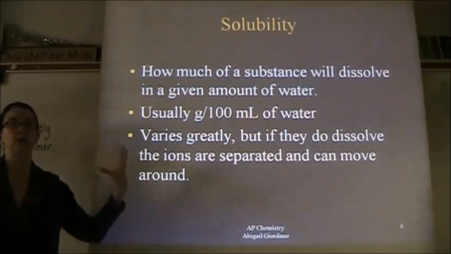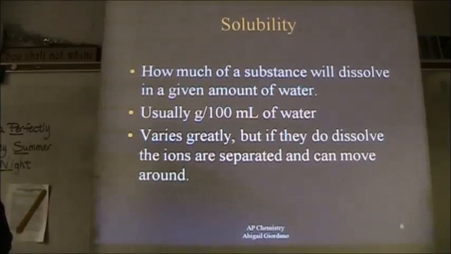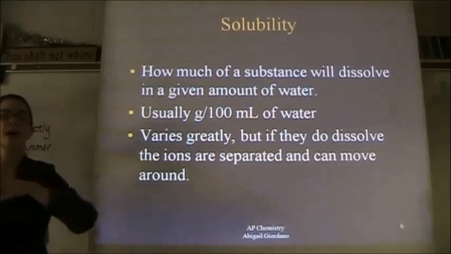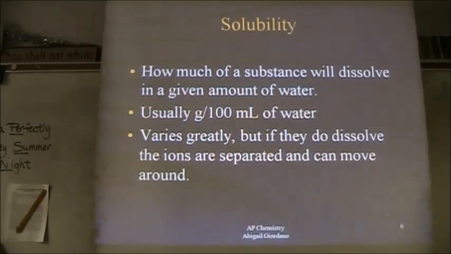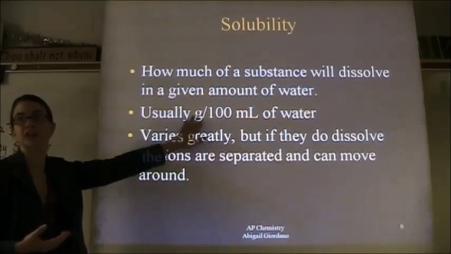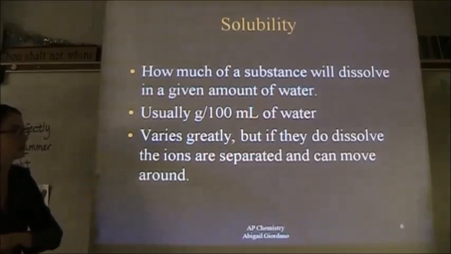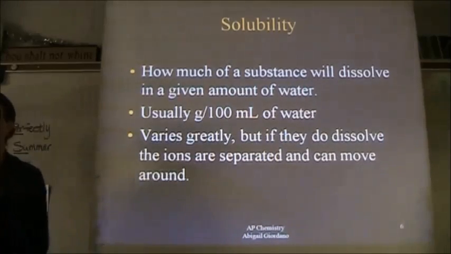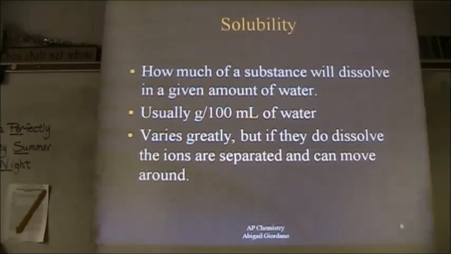You're going to get a wide range of solubilities. A solute that is very, very, very soluble is going to have a high number for this solubility. Some solutes we say are slightly soluble. Something like that is going to have a much lower number for its solubility. Something that is insoluble is going to have a solubility very close to 0.